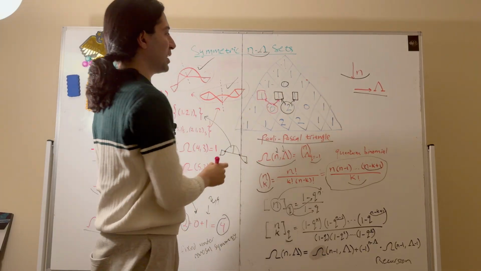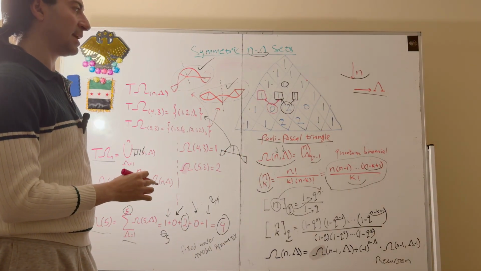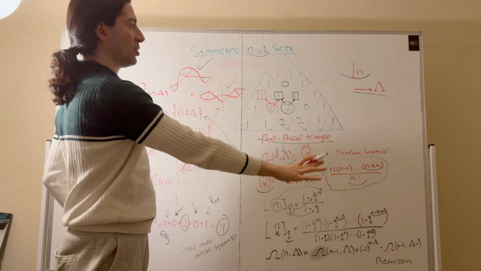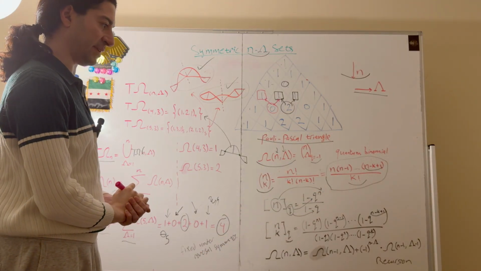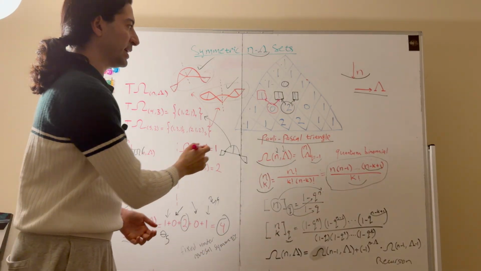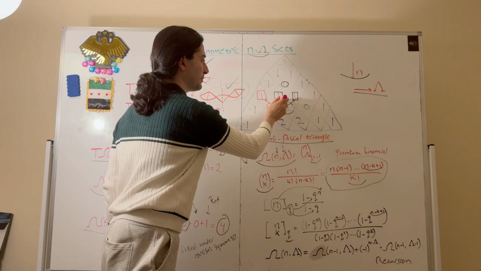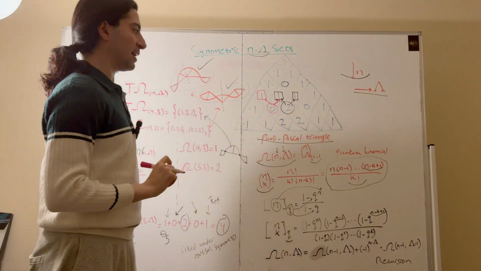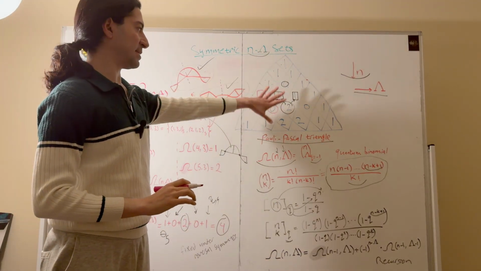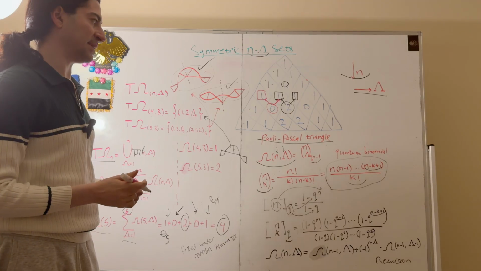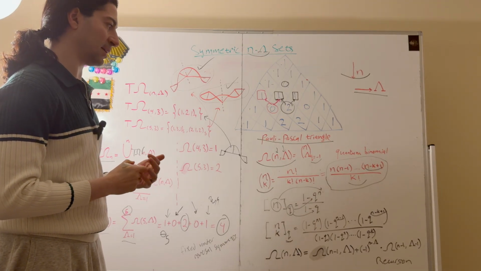So 1 minus 1 is 0. And this pattern keeps on going indefinitely. But we established this recursion, and this is exactly the recursion we see in the Pauli-Pascal triangle.